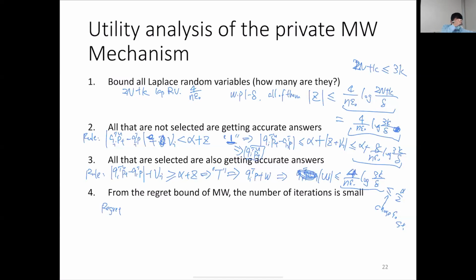The regret is equal to p tilde transpose LT minus my ground truth p transpose LT, and this is equal to, by substituting what LT is, p tilde minus p transpose Q multiplied with the sign of p tilde t transpose Q minus p transpose Q plus noise W, right?